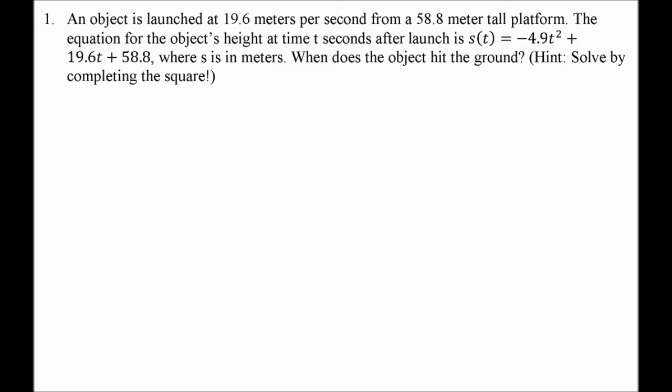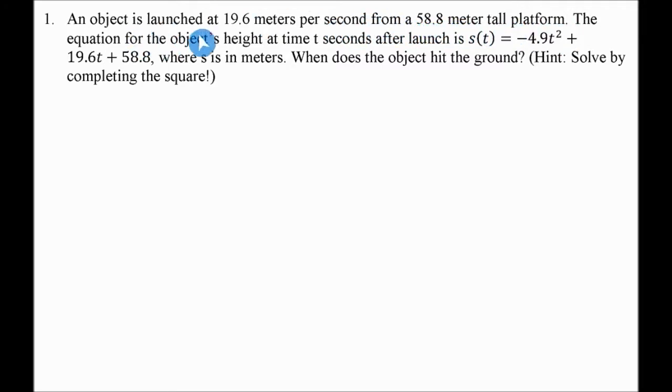So if you look here, number one on your in-class assignment states, an object is launched at 19.6 meters per second. So we don't know what this object is. Maybe it's a rocket being shot off into the sky from a 58.8 meter tall platform.